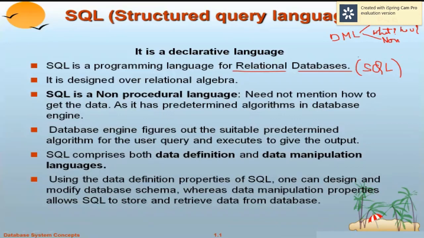Whereas in a non-procedural data manipulation language, we just speak about what data I need. I'm just bothered about what data is needed, and I'm not speaking anything regarding how to get the data.